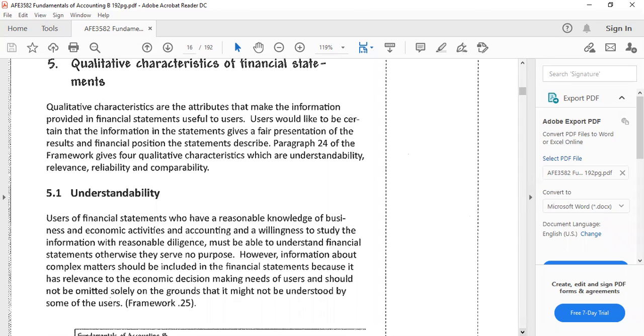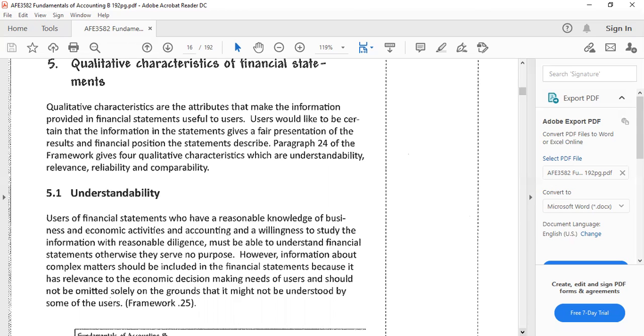The first one, your financial statements should be understandable. The first one is understandability. Users of financial statements who have a reasonable knowledge of business and economic activities and accounting and a willingness to study the information with reasonable diligence must be able to understand financial statements, otherwise they serve no purpose.